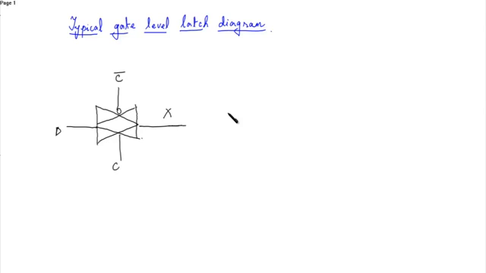Now we have another transmission gate. Here C and C bar are given in this manner.